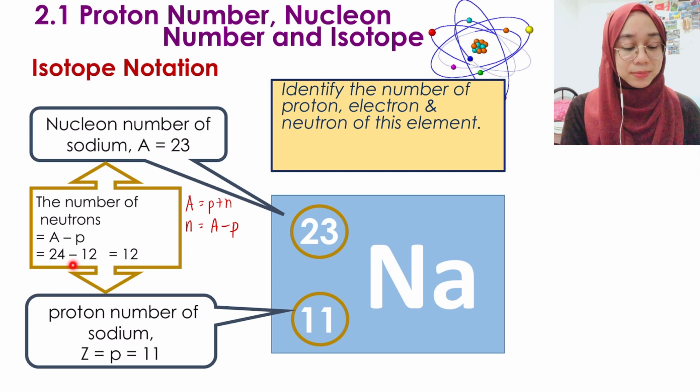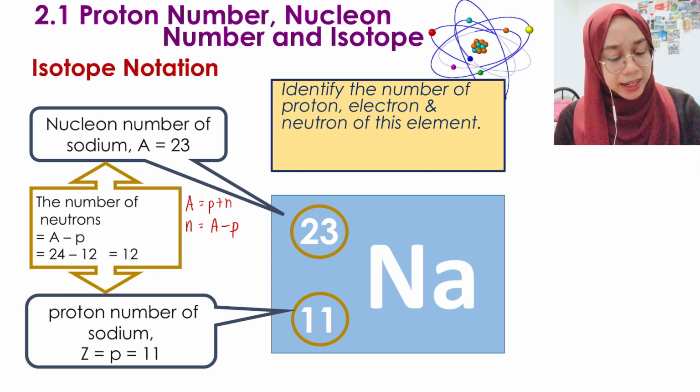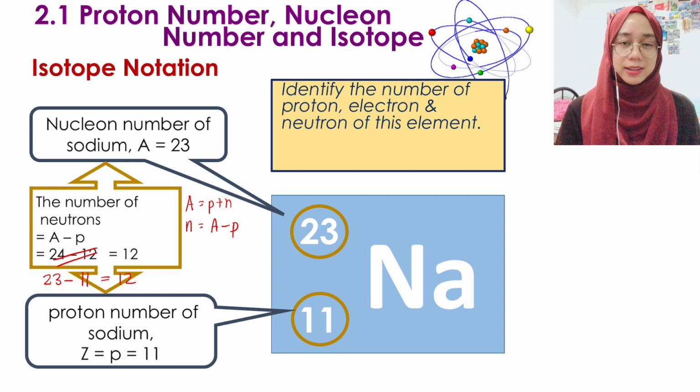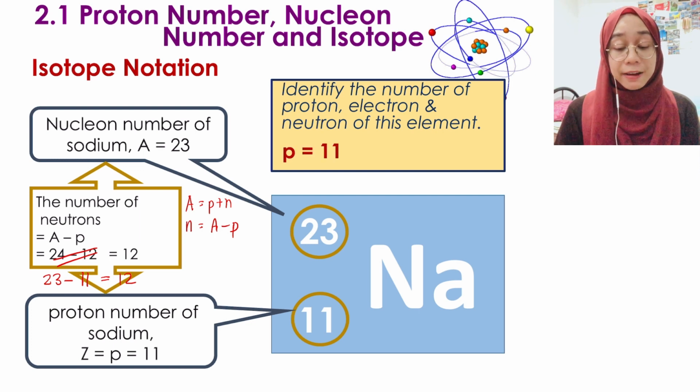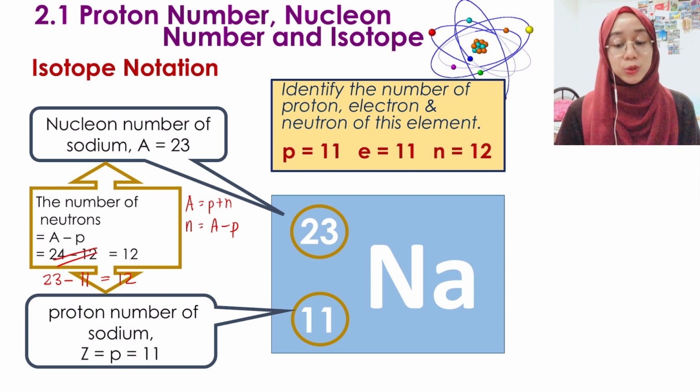So supposedly this value is wrong, right? Please correct your notes, okay? So this is actually 23 minus 11 equals 12. Okay, so 23 minus 11, you get 12. Therefore you can write P equals 11, electron equals 11 and neutron equals 12.